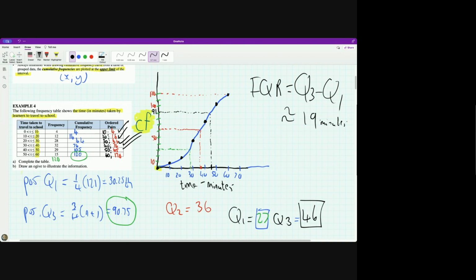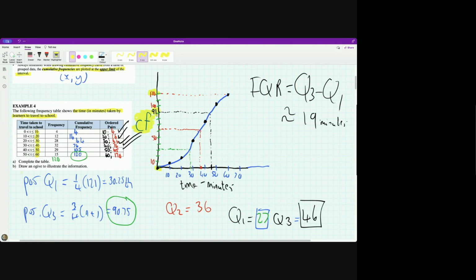Okay, now, if you know that 91 students take less than 46 minutes to go to school, how many students are left? So 91 take less than 46 minutes. How many are left in your total? I'll give you a little helping hand.